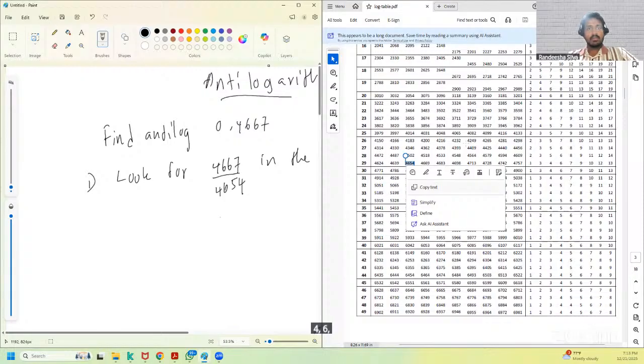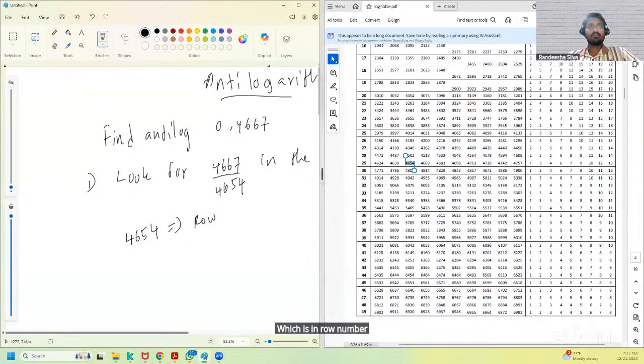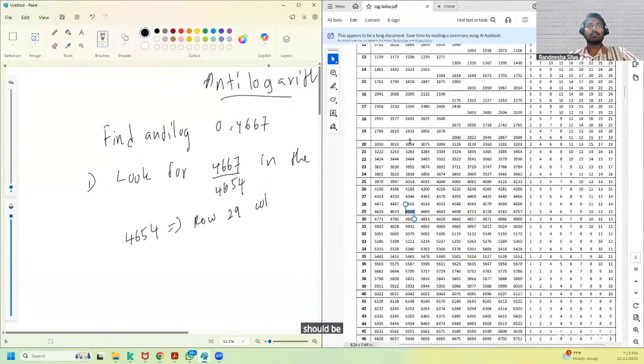So we got 4654, and we have to identify the row number and column. 4654 is in row number 29, and the column is 2. Then what am I going to do?